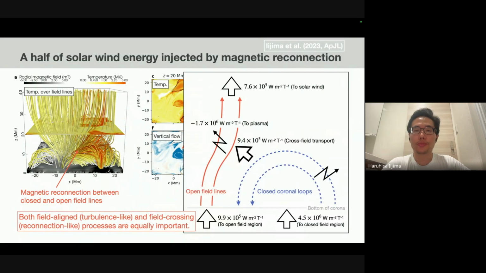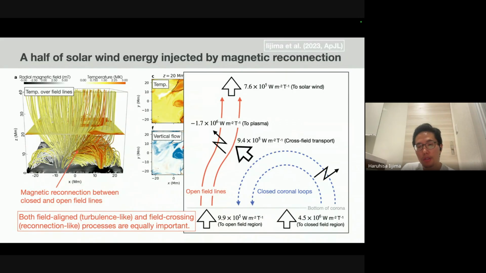And we want to quantify the effect of this magnetic reconnection. We decompose the energy transport process. Especially the Poynting flux, the magnetic energy flux in the solar atmosphere, can be decomposed into the field-aligned part and the field-crossing part.